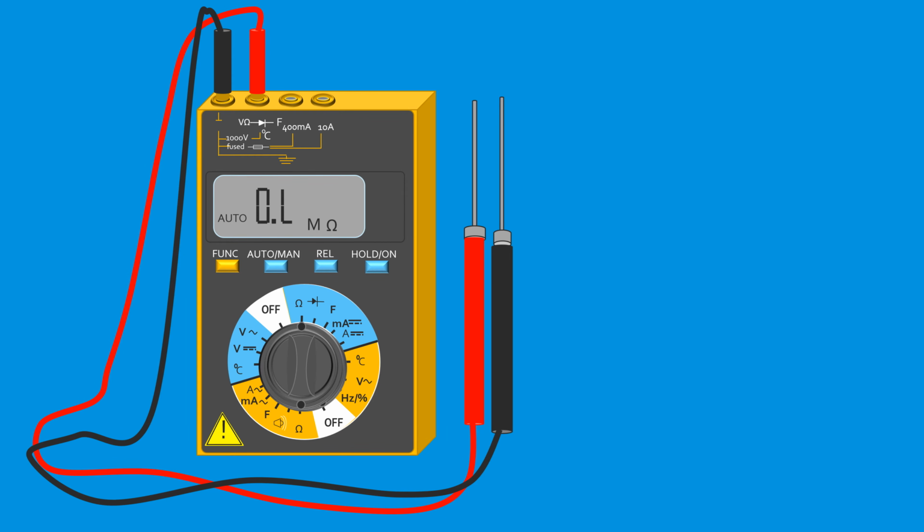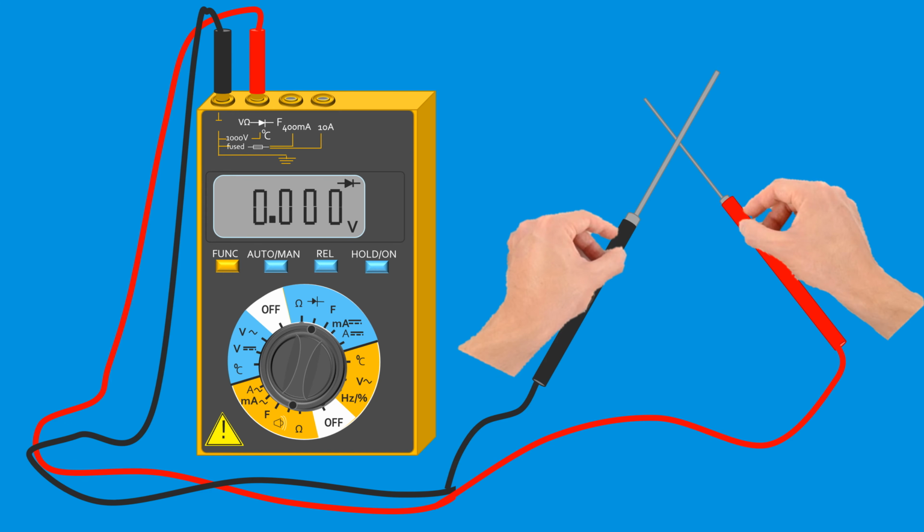Place the knob at second step right. Check diode. Press the finger at the function push button. Test the continuity by touching the hand side leads with each other and hear a continuous beep sound.